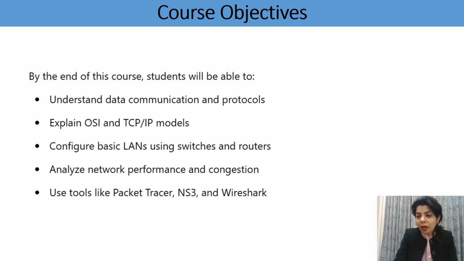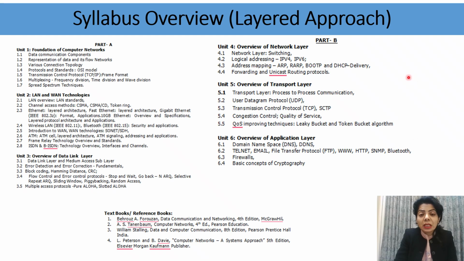So now I'll show you the syllabus. For designing the syllabus, we have followed a layered approach. This has been divided into 6 units, designed in a layered manner. Part A will have 3 units. Part B will have another 3 units. In the first unit, we require that students develop strong fundamental knowledge about computer network basics.